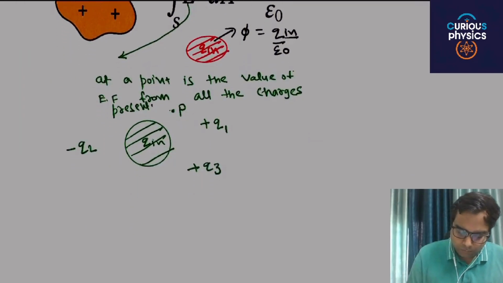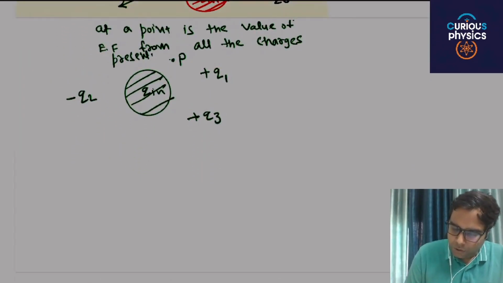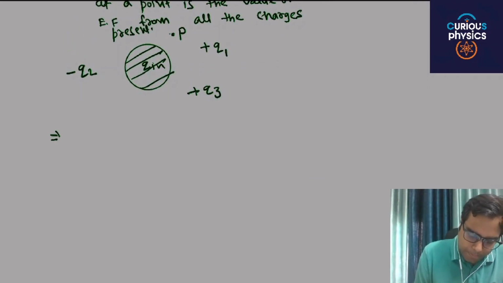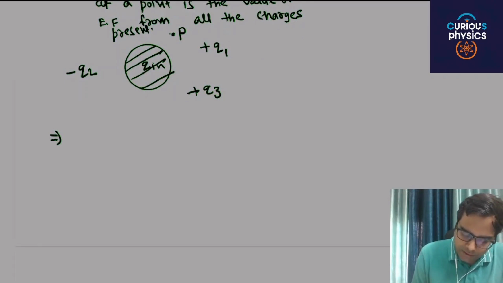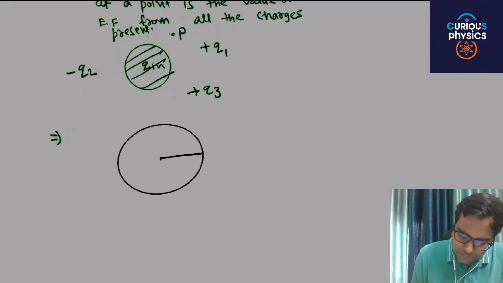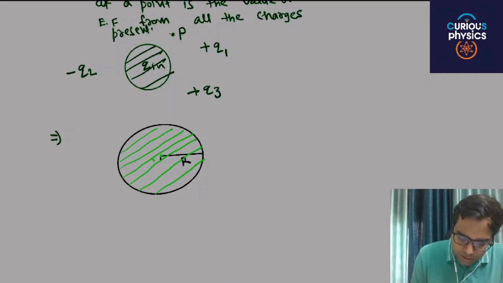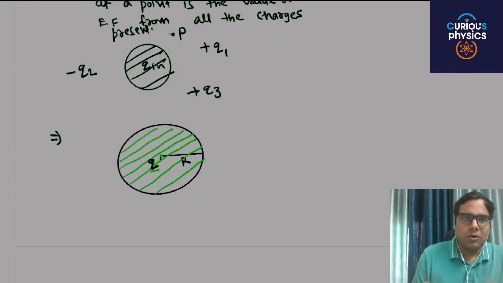For example, if we want to apply Gauss law on a sphere, we have a sphere of radius r, and charge q is placed at its center.